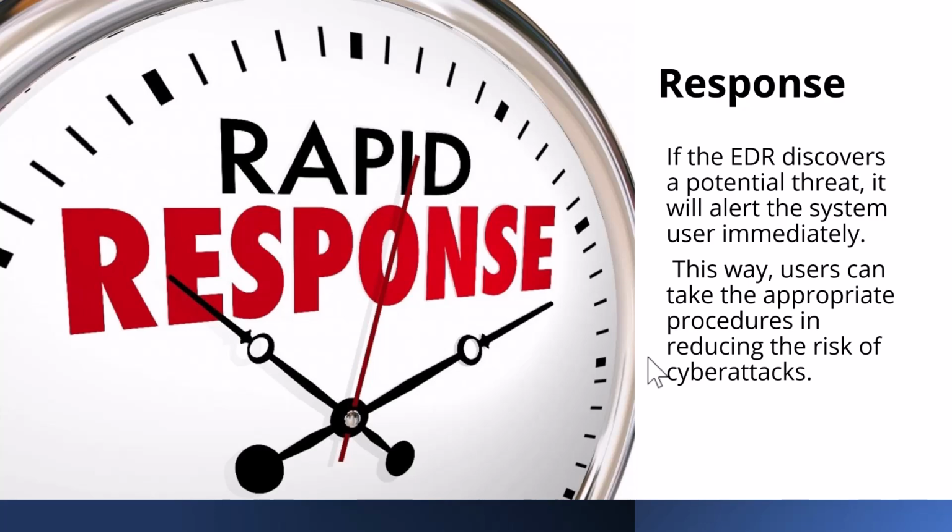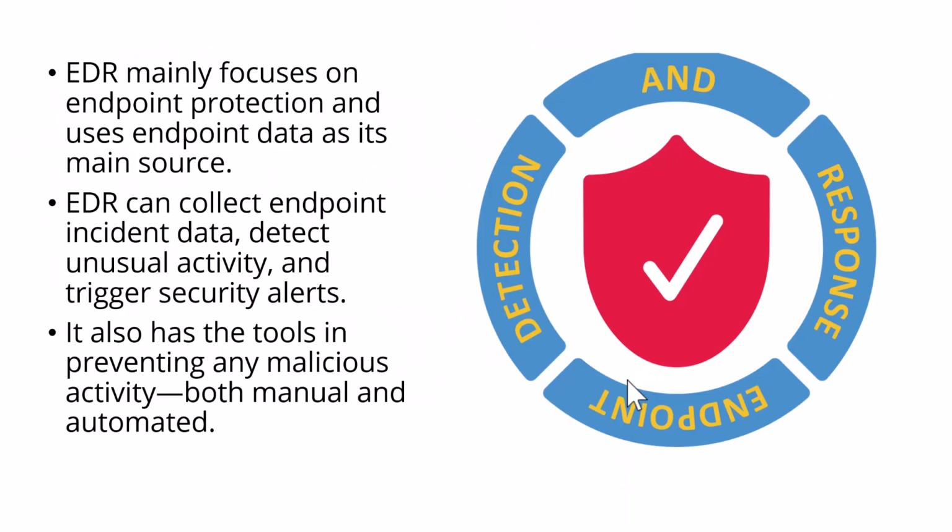If you remember, in Module 1, we spoke about the cost of a cyber attack. And then we talked about the attack vectors. If those companies had a properly configured EDR, they could minimize the attacks. Why? Because EDR mainly focuses on endpoint protection and uses endpoint data as its main source.